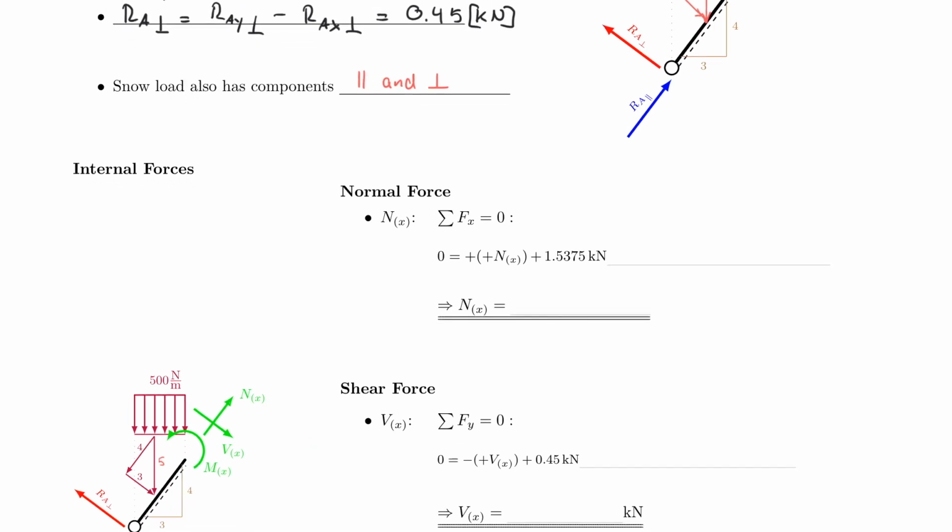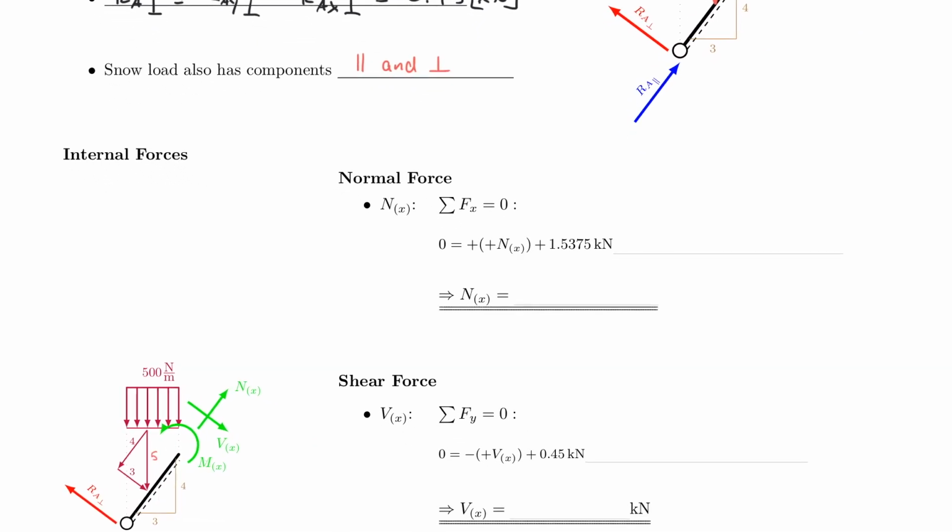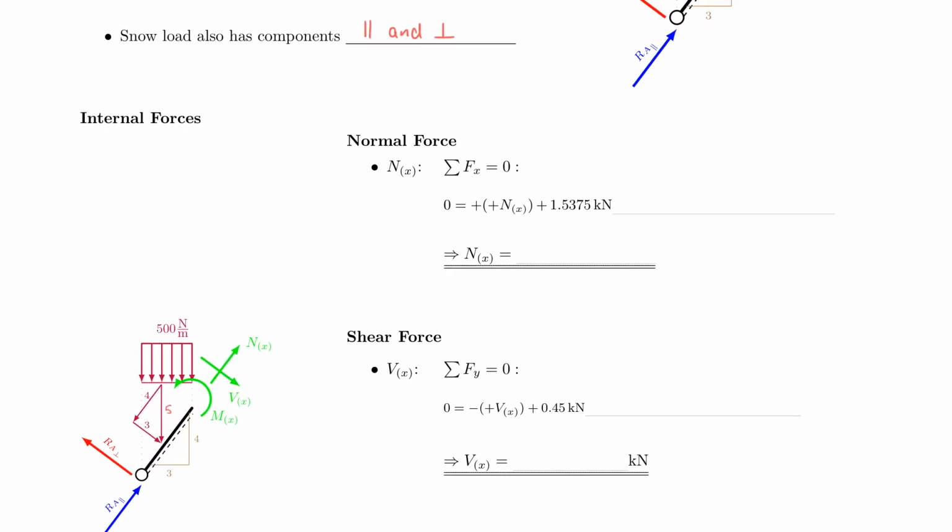Let's start with the normal force again. So for the normal force, I am looking at RAX parallel, and this normal force here, I already brought in the internal forces from my note card. So plus NAX plus 1.5375. But now I need to subtract this component here, the 4 component of the 500.